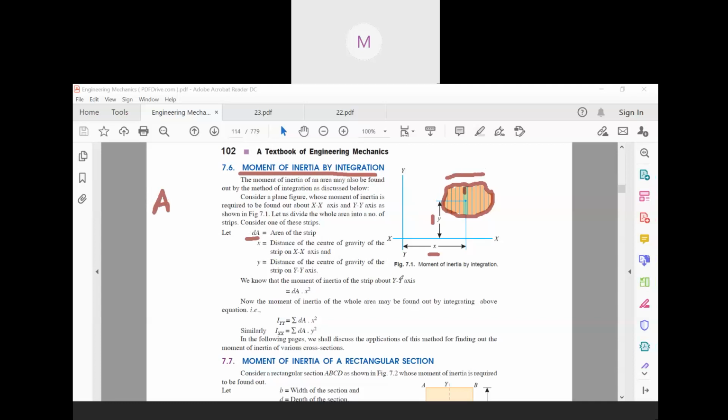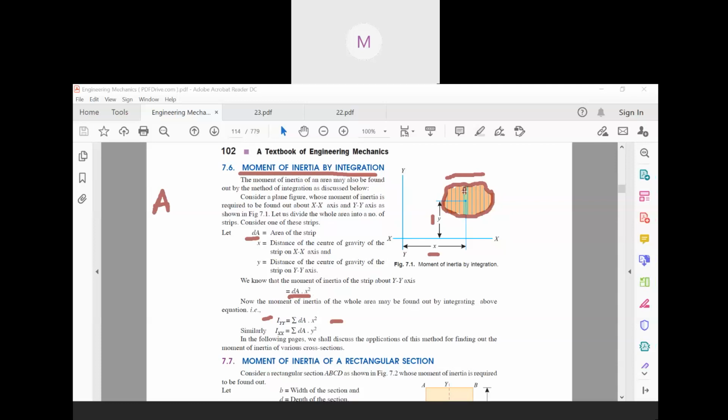Now let x be the distance of the center of gravity of the strip on the x-axis, and y the distance of the center of gravity of the strip on the y-axis. The moment of inertia of the strip about the y-axis, as we discussed in the last class, is dA into x square. That means Iyy is dA into x square for that small part.